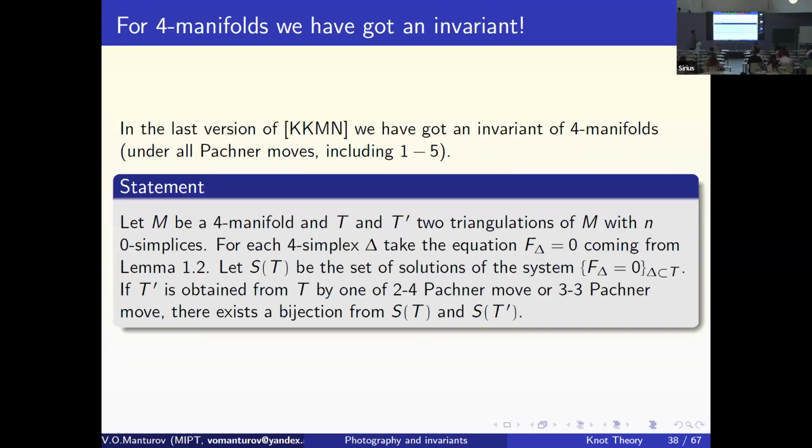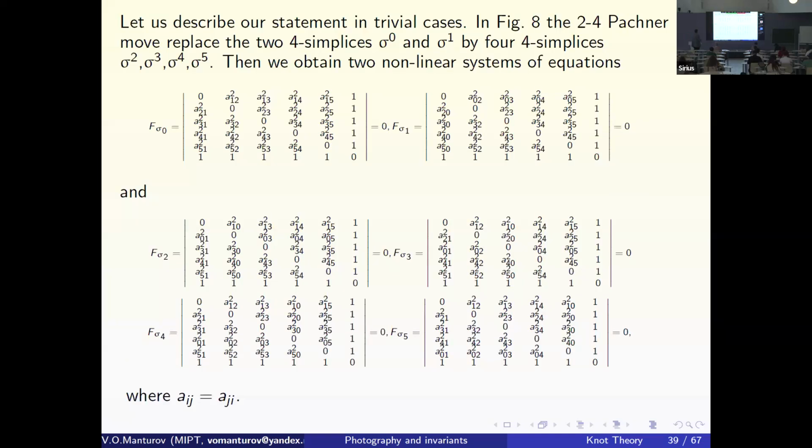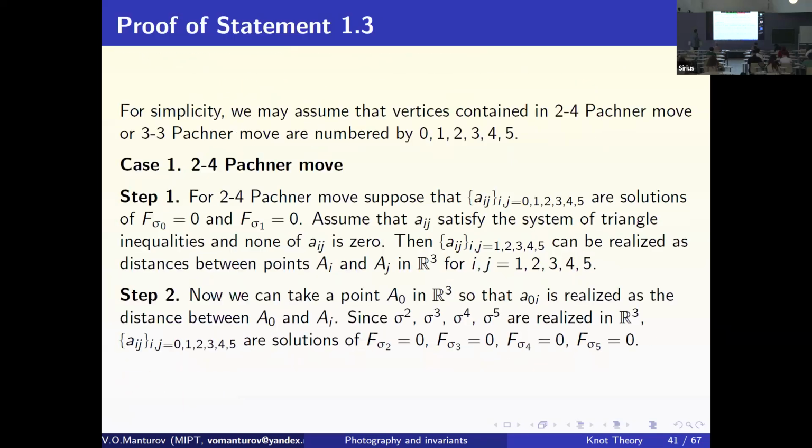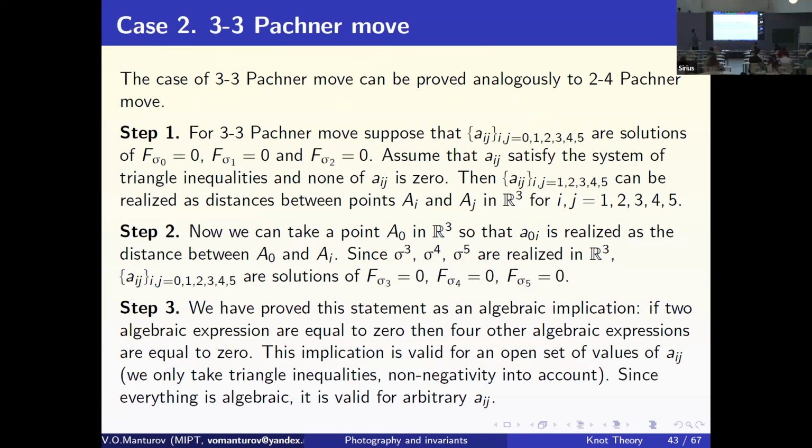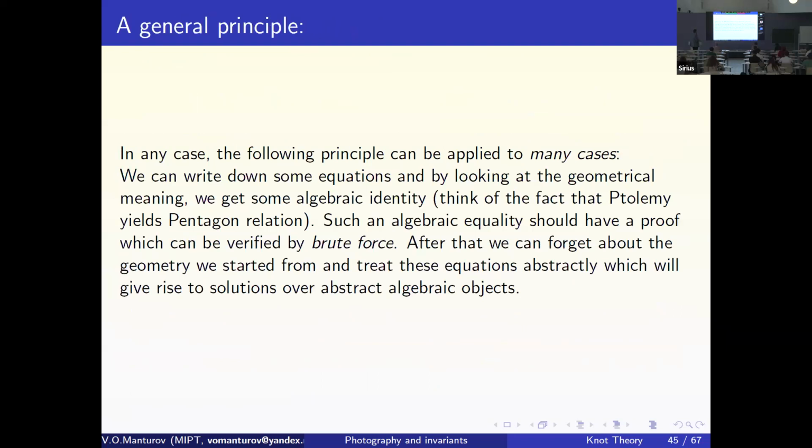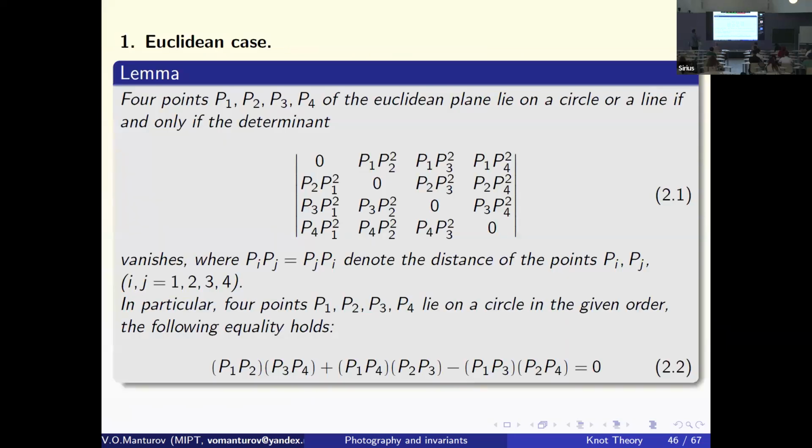In the paper with Kauffman, Kim, and Nikonov, we listed lots of various possibilities for equations we can check. For example, for 4 points, we can take such determinants, and then we can say, okay, if 2 determinants are 0, then the remaining 3 determinants are 0, just because of some common sense considerations. Because if something is coplanar and here something is coplanar, then they are all on the same plane.